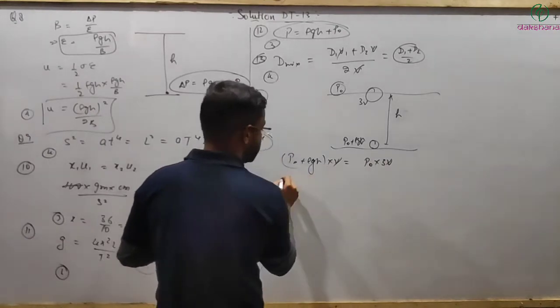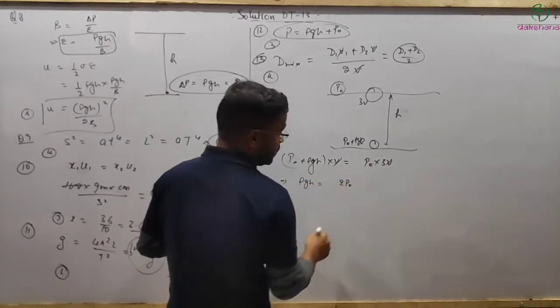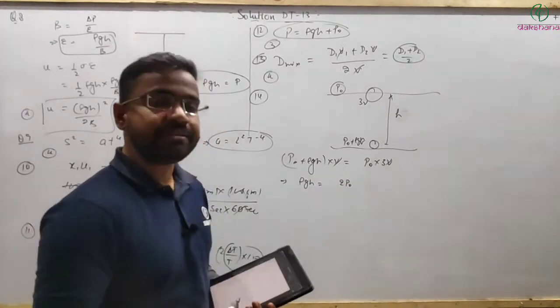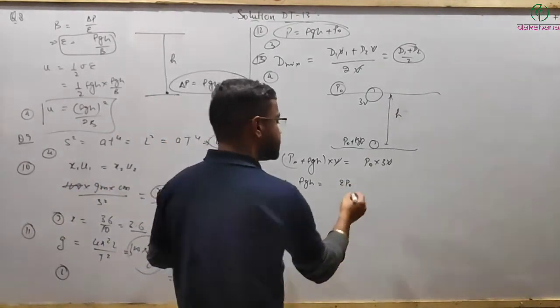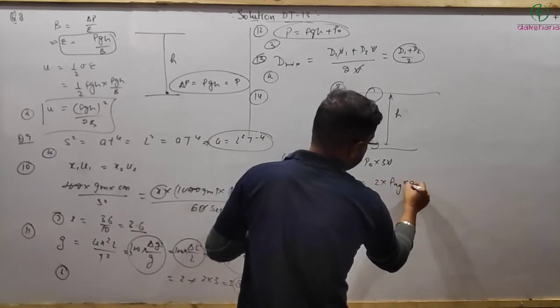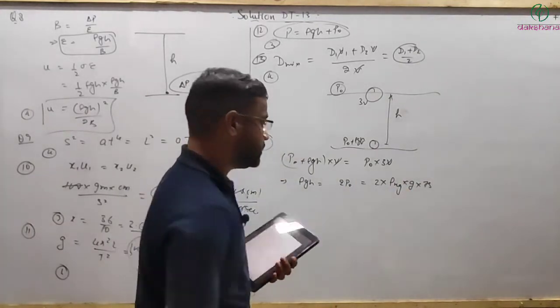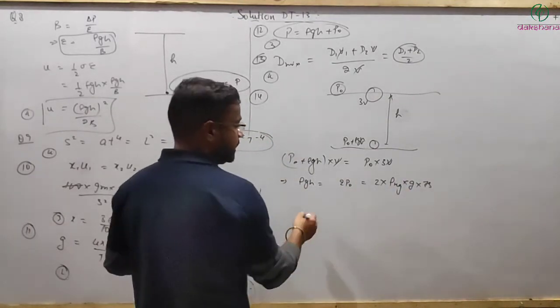V gets cancelled out. This implies rho g h is equal to 2 P naught. And P naught is 75 centimeter of mercury, so this equals 2 into rho mercury into g into 75. I'm taking the height in centimeters, so this will be in centimeters correspondingly.